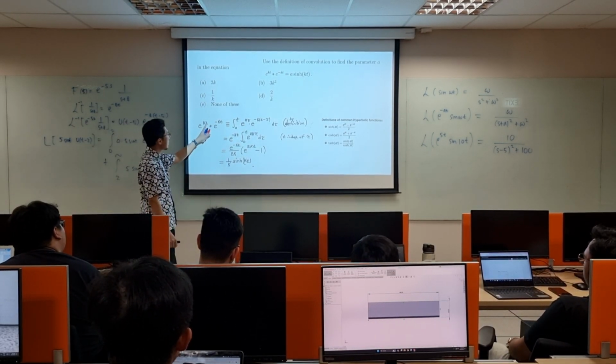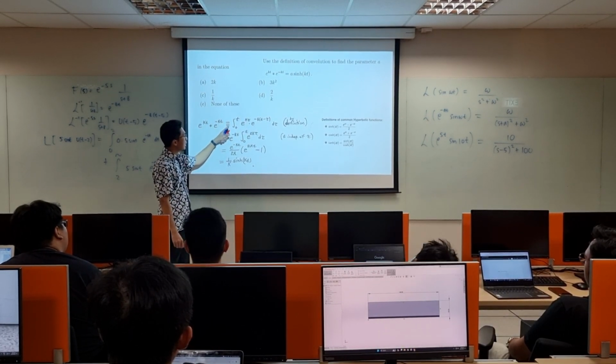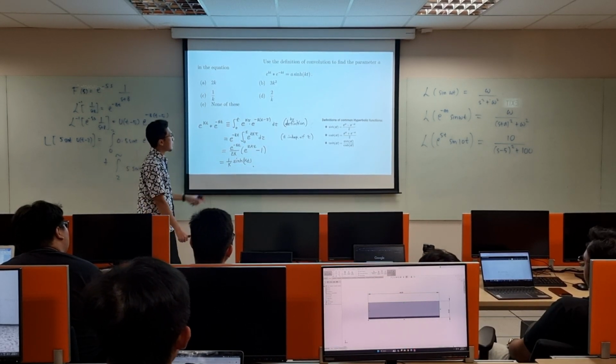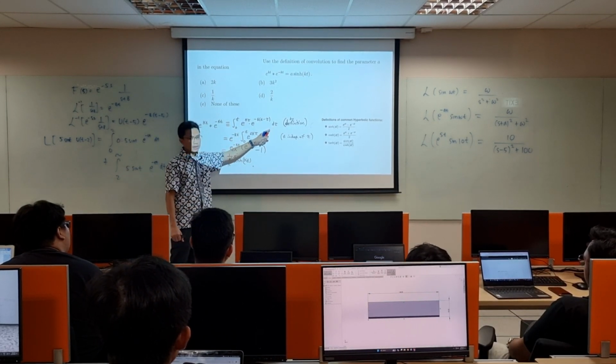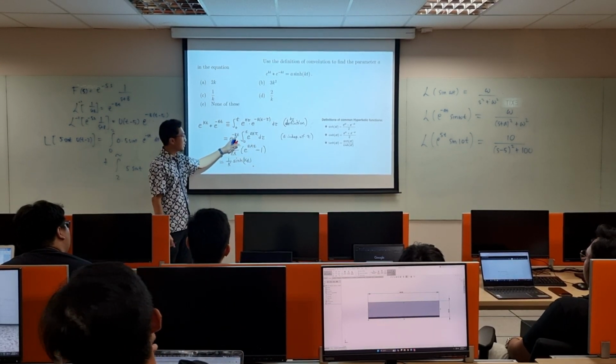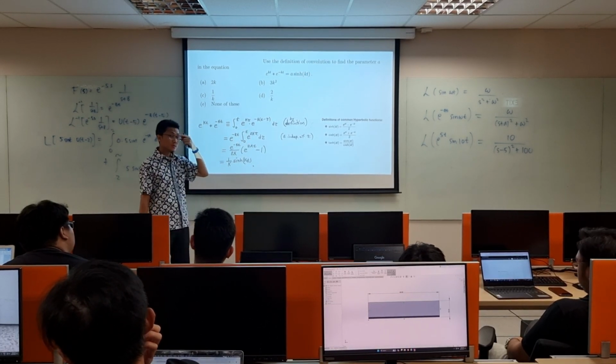The first one, you replace t by tau. The second one, you replace t by t minus tau. Because the integral is in tau, the t term, we can take out. So we have the e to the 2k tau.